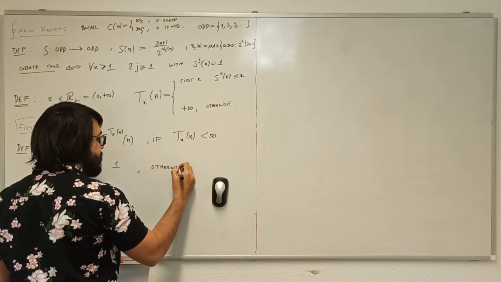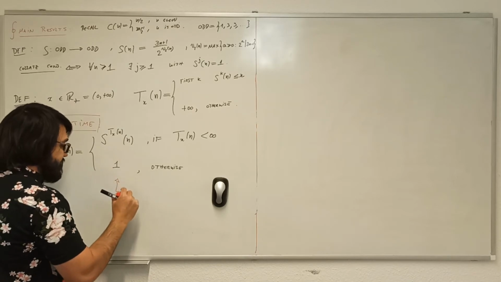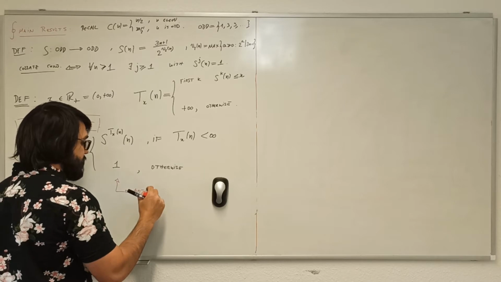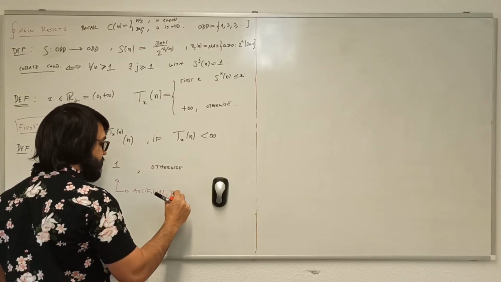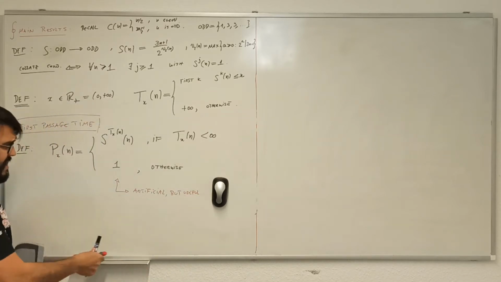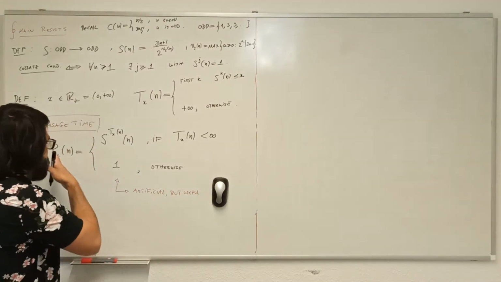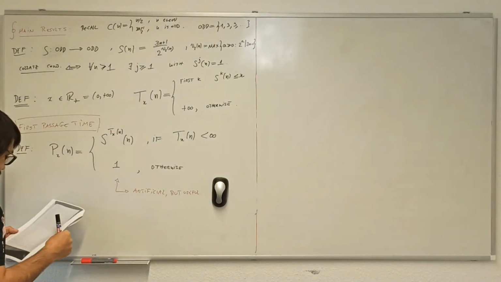This is kind of artificial, but this 1 here doesn't have much sense. So it's artificial, but useful. The main thing is just that I want this function to be well defined for every integer. I don't want to separate things in cases, and it will work anyway.